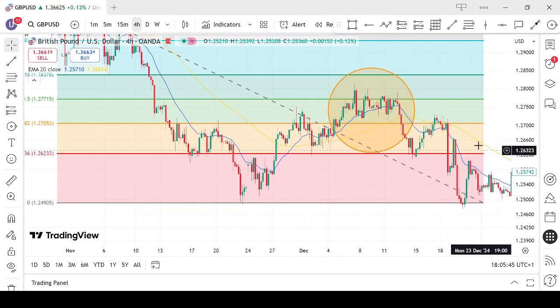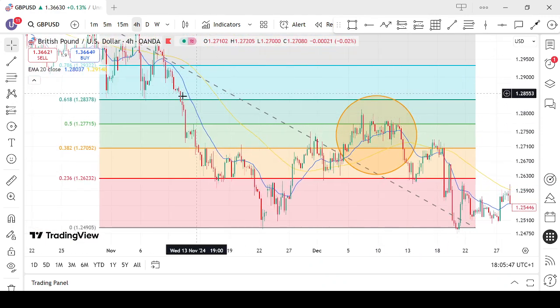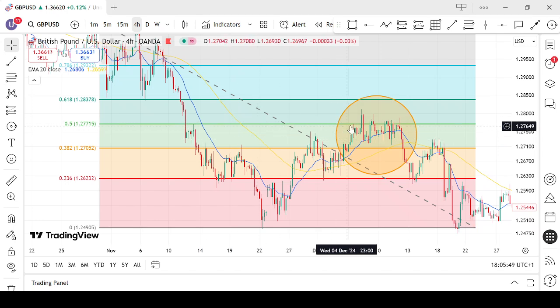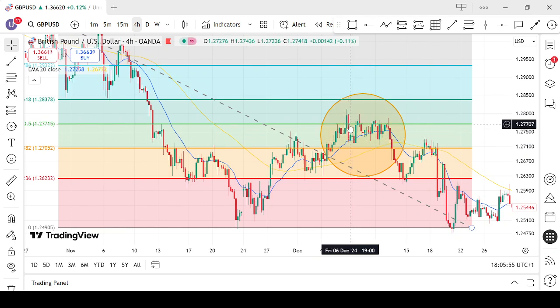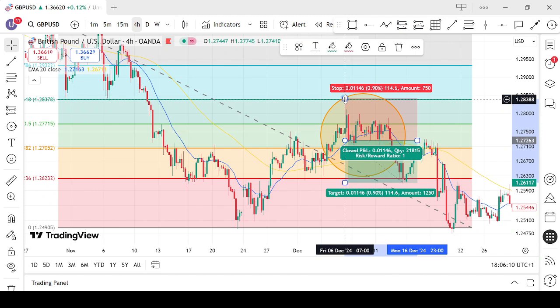Now as you can see at this area on the 4-hour time frame, when price got to our 50% level, you can see that price created a bearish engulfing candle that engulfed 8 candles, which shows that yes, at this particular area, price was about to reverse to the downside. This would be a good area to enter your sell trade.